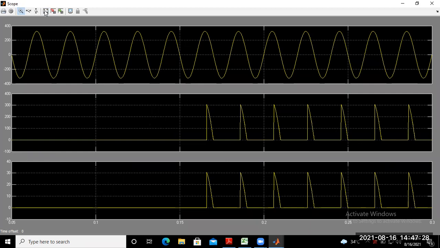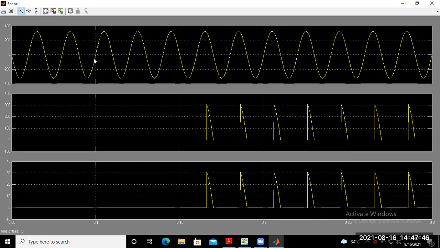So this is your input voltage waveform. Input voltage waveform added from here. So one cycle completed here, another cycle is completed here.